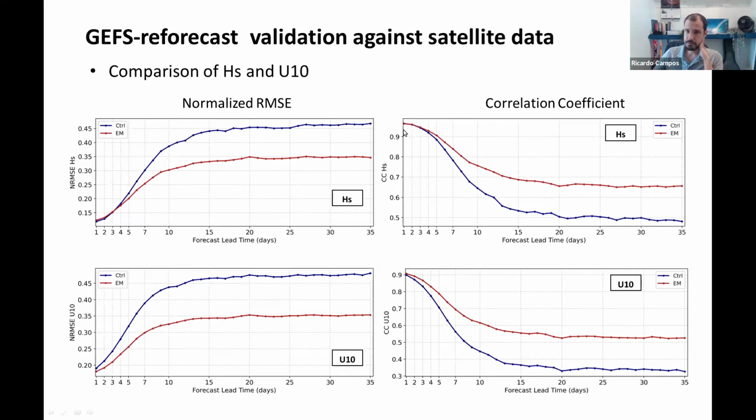We have 0.96 of correlation coefficient on day 1, which is higher than most reanalysis data. So this reflects a very good product in the short range. And after 7 to 10 days, the correlation drops significantly.